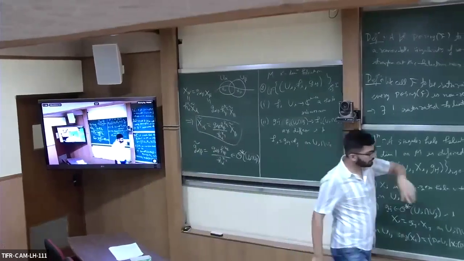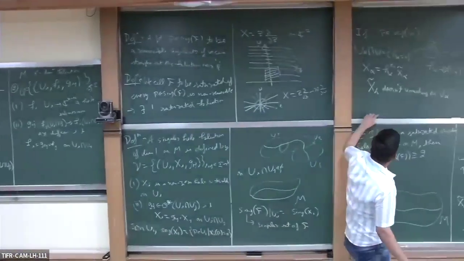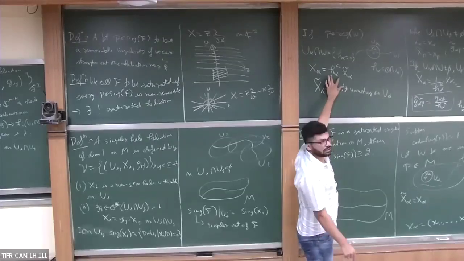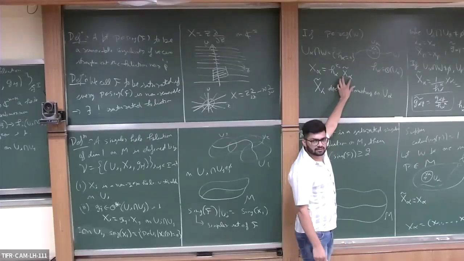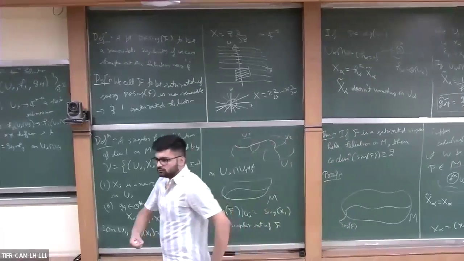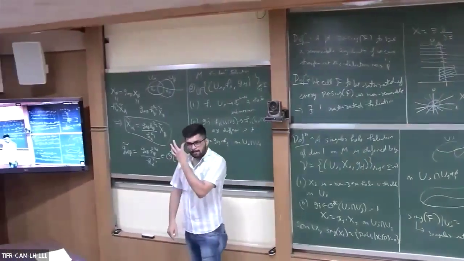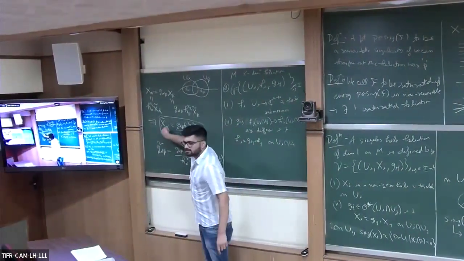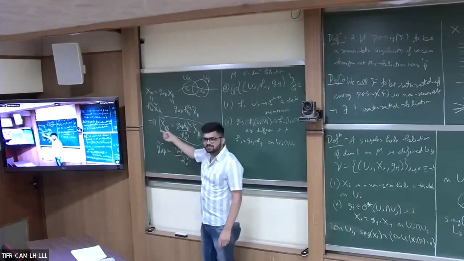If you look at, yeah, here. So I remove the codimension 2 component, and this remaining part will have zero set of codimension 2.